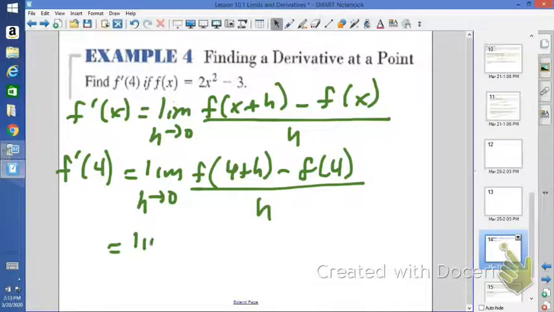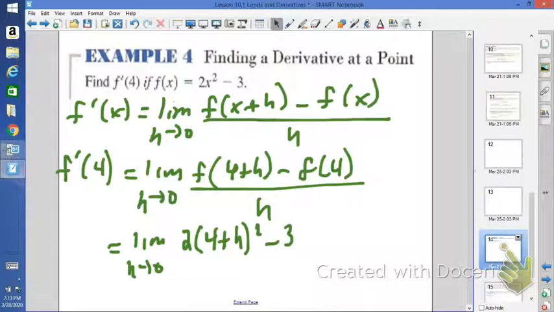Now the next step is to go ahead and take 4 plus h and plug that in everywhere you see x. So I'm going to have 2 times, I see the x, so now I replace it with 4 plus h squared, minus 3, and then minus f of 4.